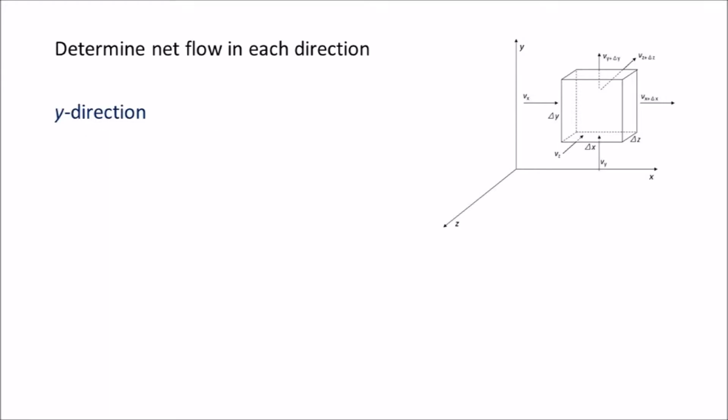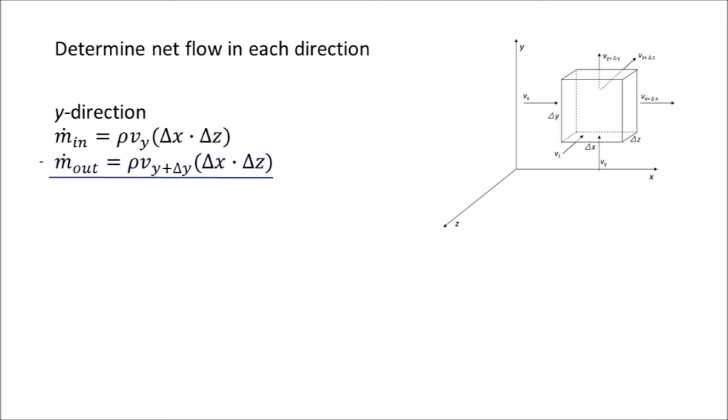We can repeat this process for the y direction, where the relevant area is now delta x times delta z, and we use the entering and exiting velocities in the y direction. Again, we take the difference between our mass flow rates.